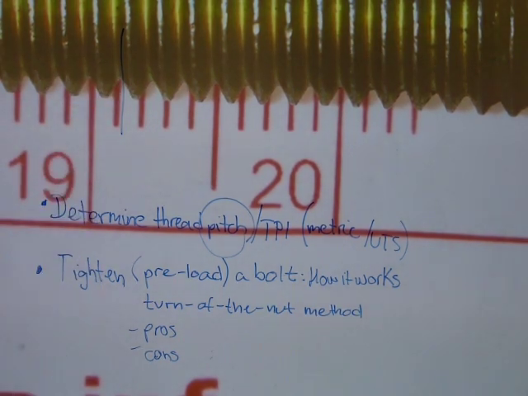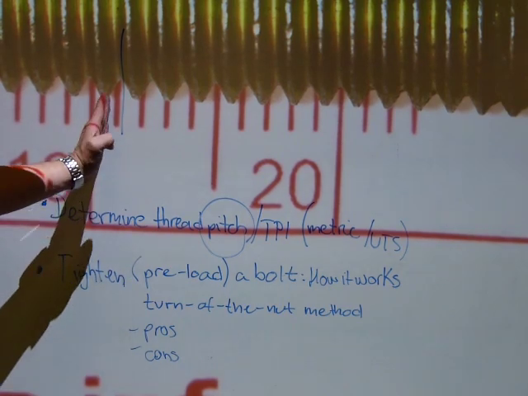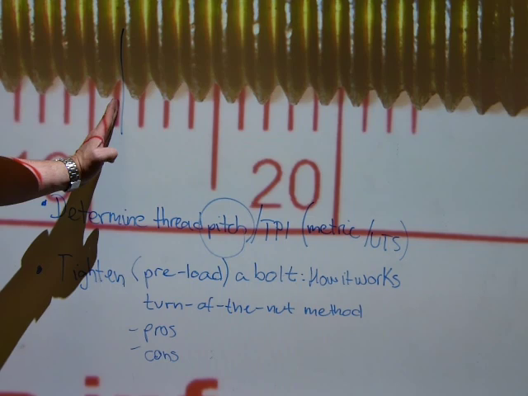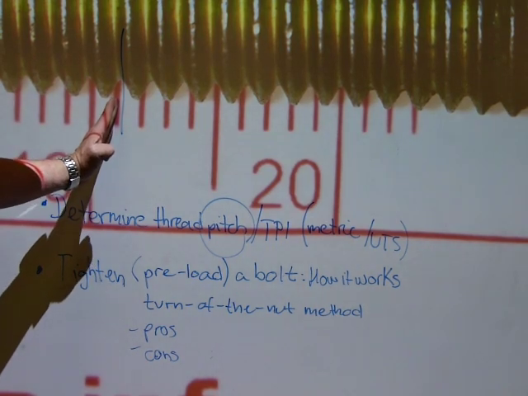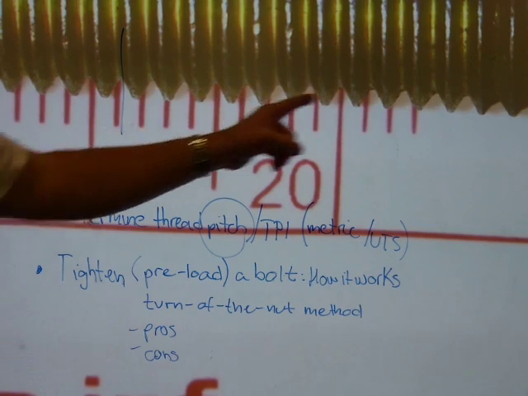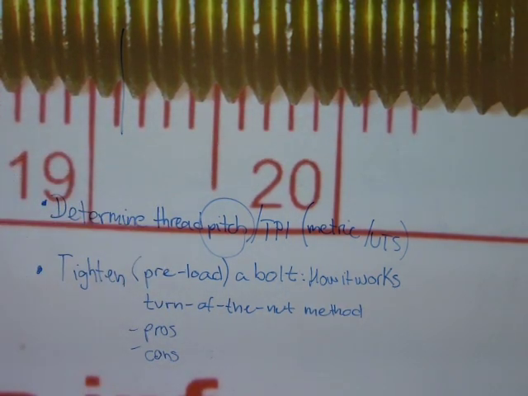From here on, and this is important, from this obstacle, if the nut is forced to travel along the thread, it will so, but it will not get closer to the head of the bolt.